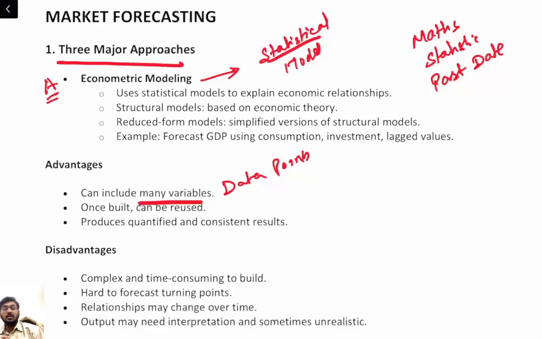You have created it once, tested it, and now you can use it multiple times, every year. The third advantage is that the output is numerical, and it looks scientific. It should make sense, and that is possible through your econometric model.